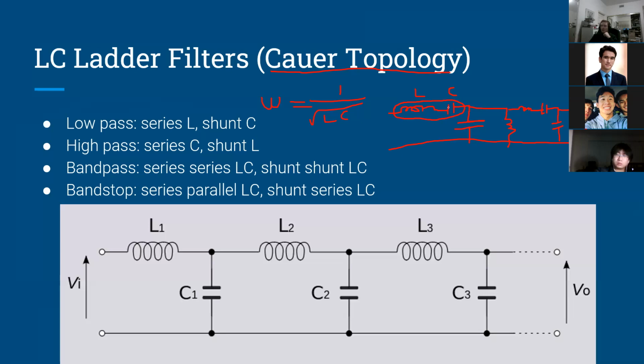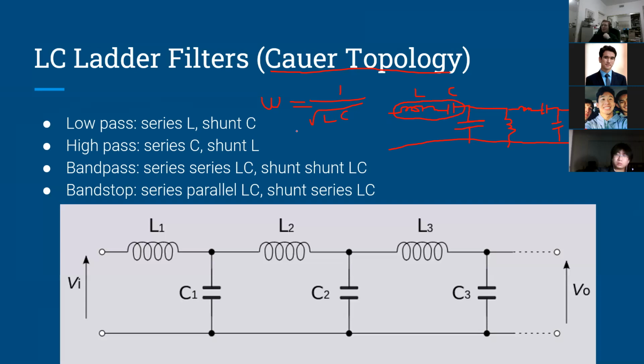When these two are resonating with each other at that frequency, what's the impedance? You basically got two choices. It's either infinite or zero. Which one is it? Someone guess. 0. Yes, thank you.